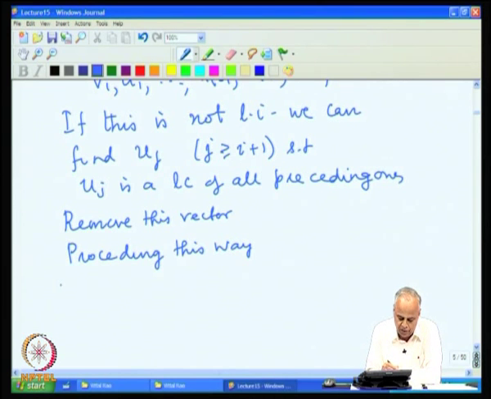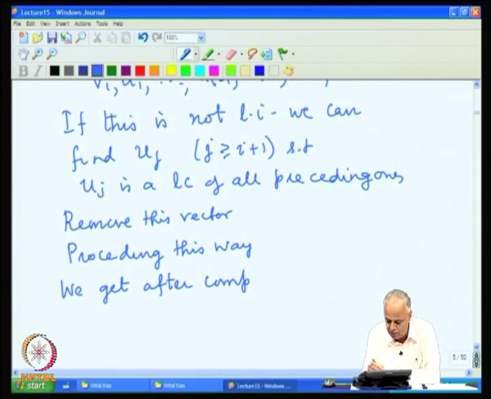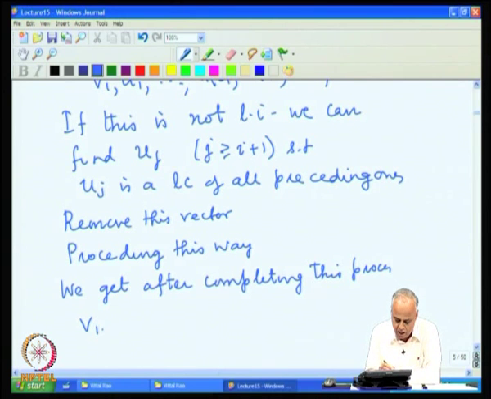Therefore, after completing this process, we get v1 and there will be a certain number of the ui's that would have been removed. So what is left is a subset of b.